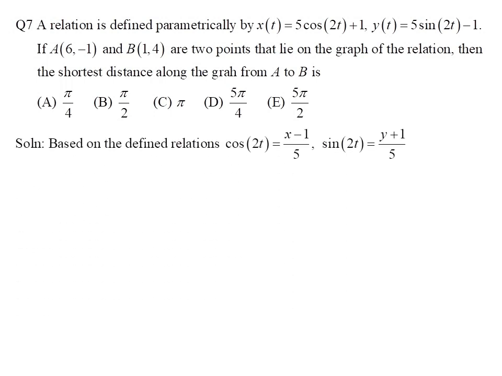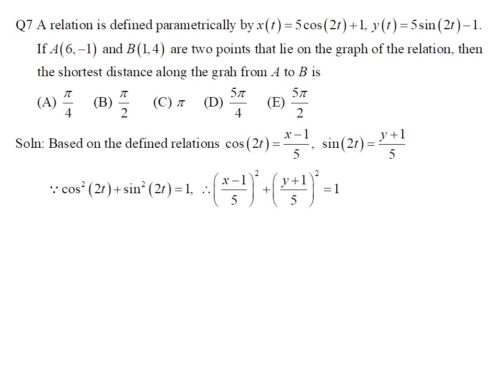Based on the parametrically defined relations, cosine t equals x minus 1 all over 5, and sine t equals y plus 1 all over 5. According to the Pythagorean identity, the square of cosine t plus the square of sine t equals 1.